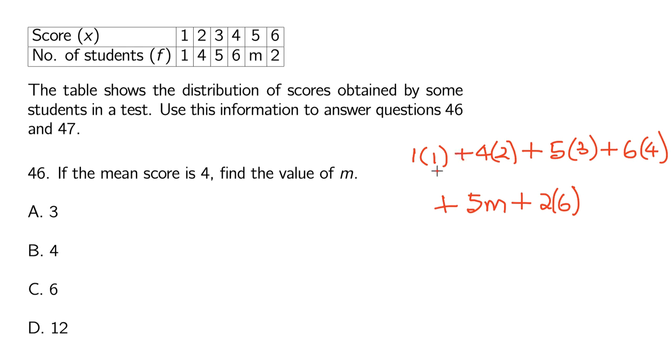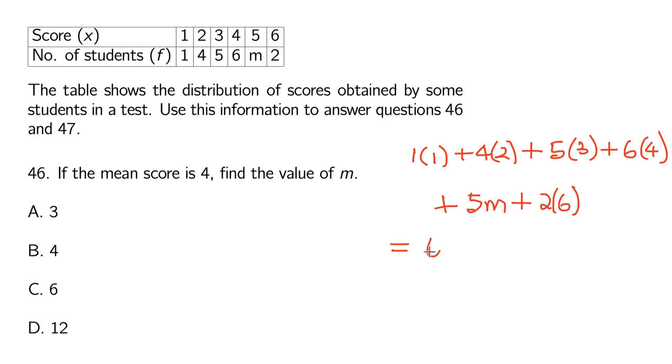Let's simplify it. So we have 1 times 1, which is 1, plus 4 times 2, which is 8, that gives us 9, plus 5 times 3, which is 15, that gives us 24, plus 6 times 4, which is 24, that gives us 48, then plus 2 times 6, which is 12, that gives us 60. So we have 60 plus 5m.